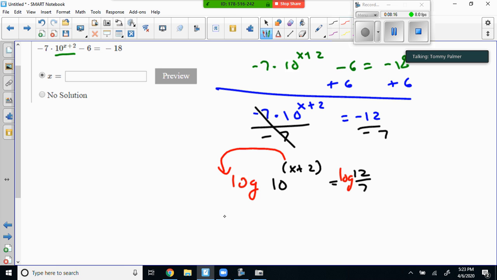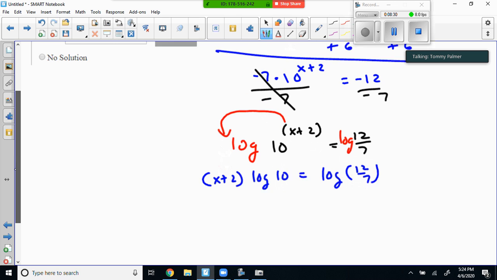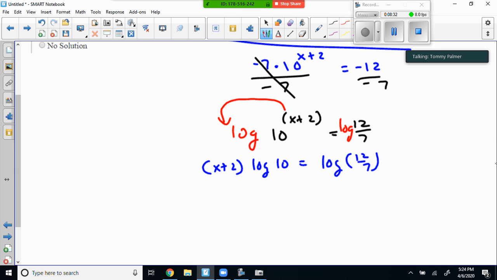So we're going to have x plus 2 times the log of 10 equals log of 12 sevenths. Now it looks a little confusing, but just stay with me. I need to solve for x, so the easiest thing to do is just divide by log of 10.